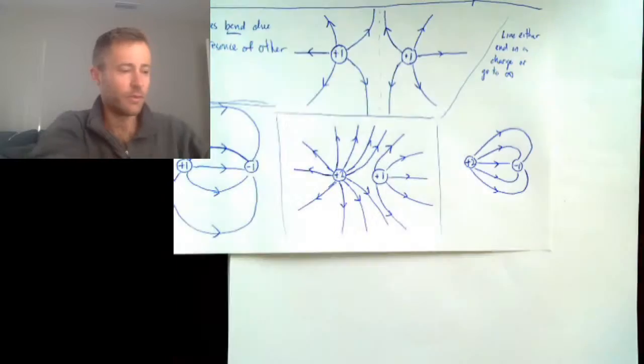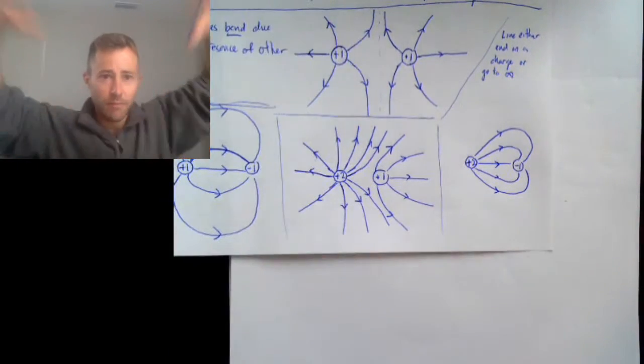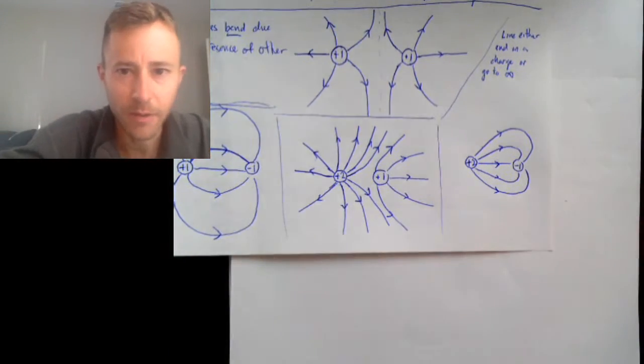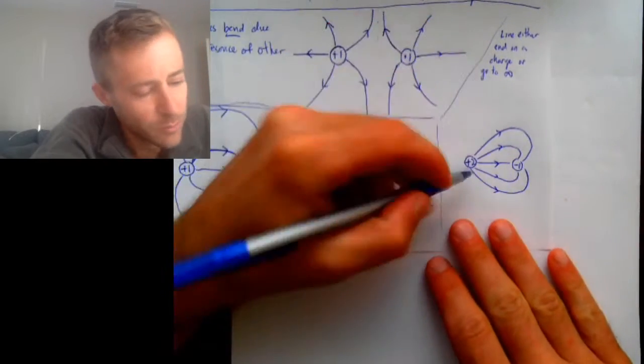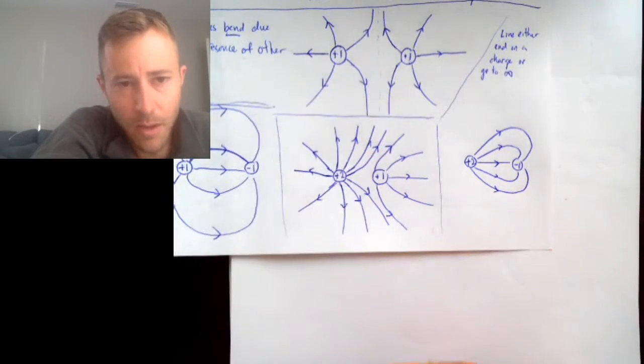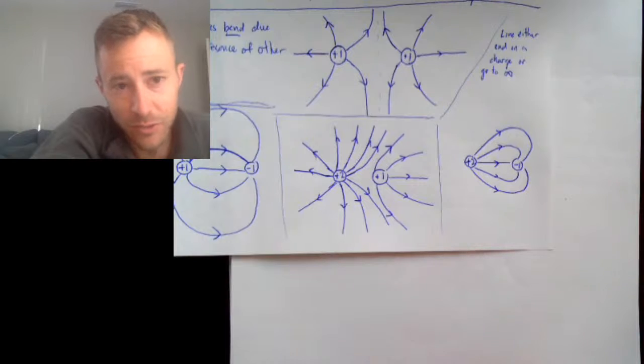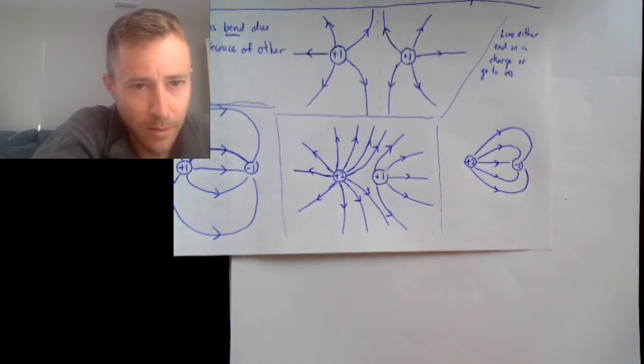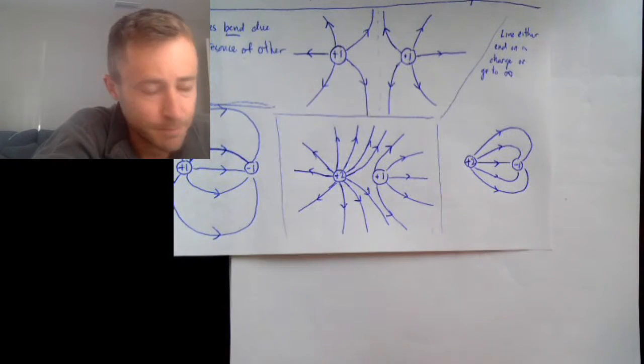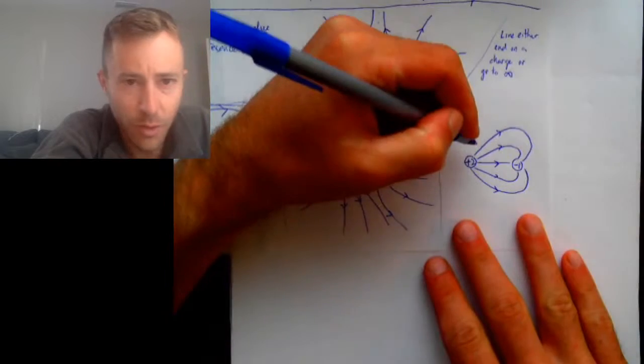When I say go to infinity, I just mean they go off and they never come back. So this +2 is going to have 5 extra lines that just go off to infinity.